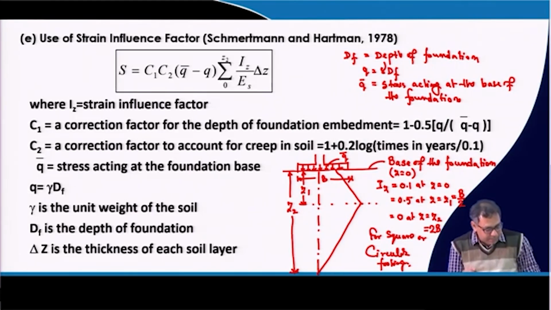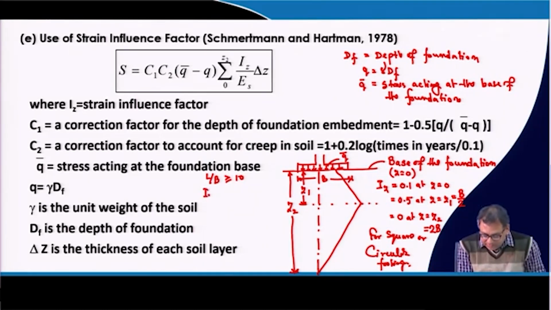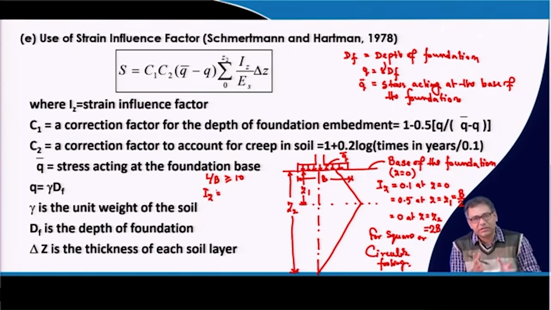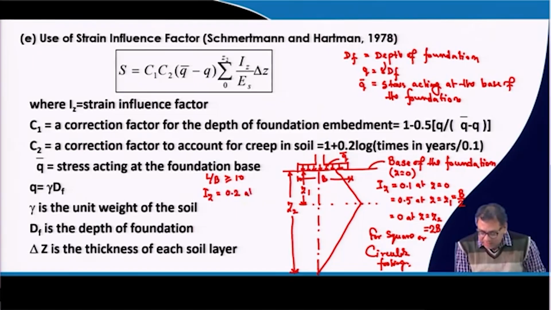Now, if your foundation L by B is greater than or equal to 10, that means it is a strip footing. For strip footing, it will start with 0.2 at Z equal to 0, then it will be maximum at Z equal to Z1, that is equal to B. Okay, and this is 0 at Z equal to Z2, that is equal to 4B.